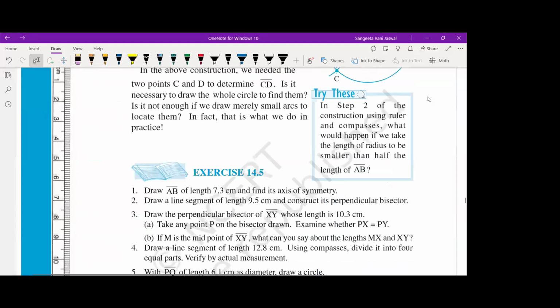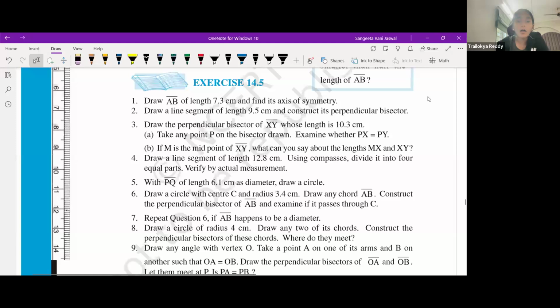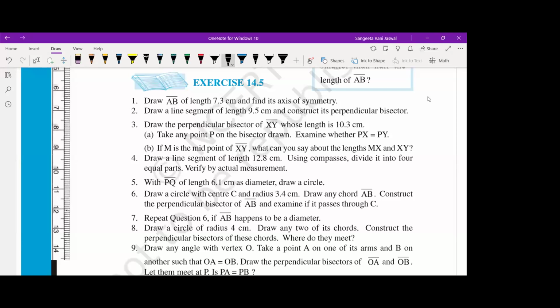Trilokya, read the first question. Draw a line segment AB of length 7.3 centimeters and find its axis of symmetry. So axis of symmetry. Recall something from the symmetry chapter. What is axis of symmetry? The line of symmetry.